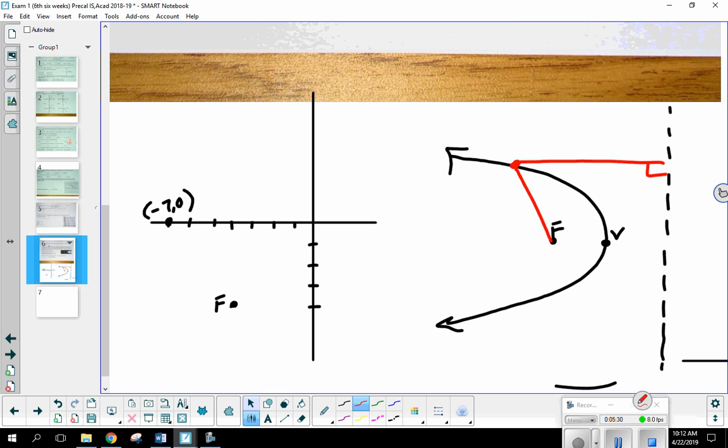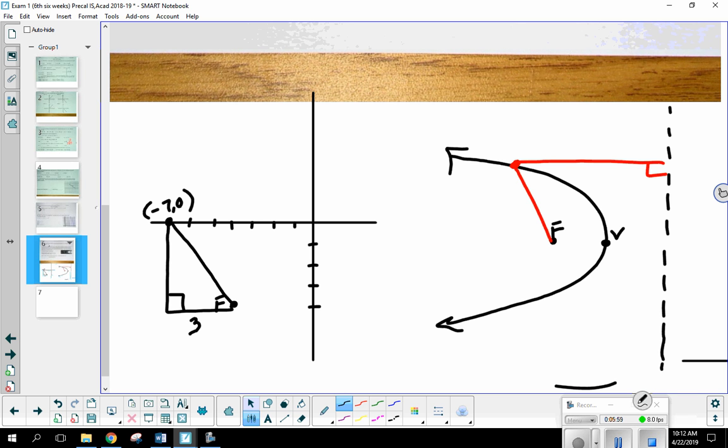All right. So any point on the parabola, if I connect it to the focal point, that is the exact same distance perpendicular to the directrix. So I could use that to my advantage here. I can figure out what the distance between the focal point and that other point, -7, is going to be. You could use the distance formula, but if you look, you could create a right triangle based off that, where the base is 3, the height's what?